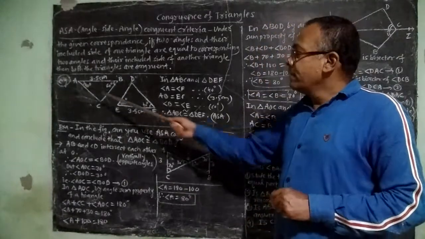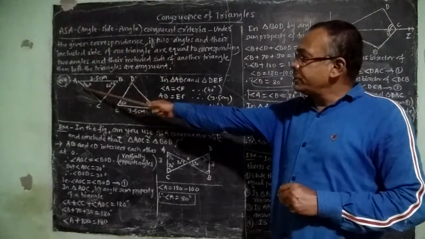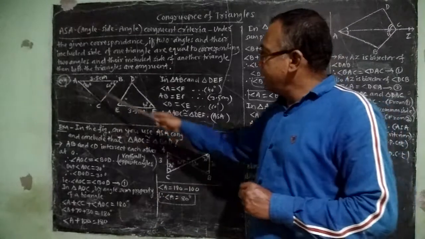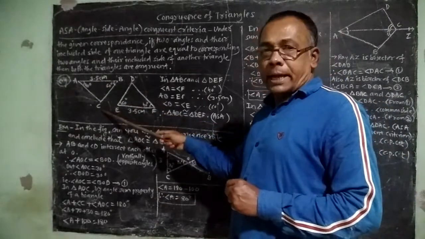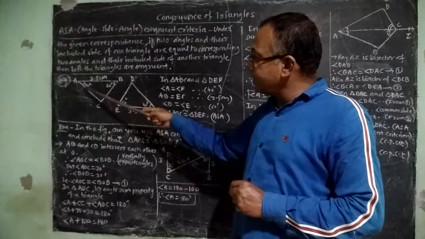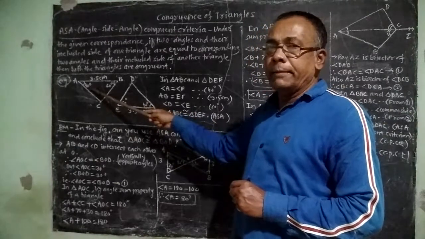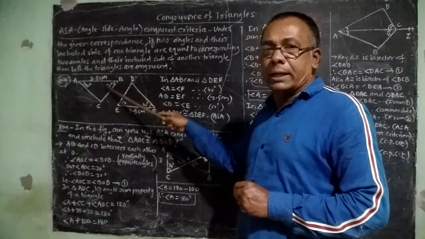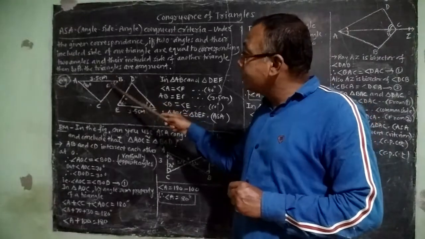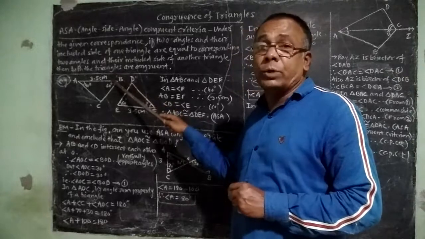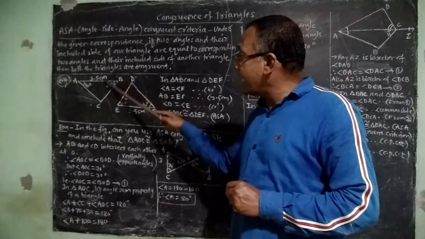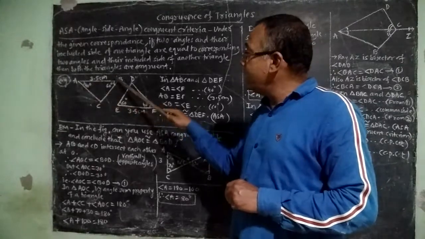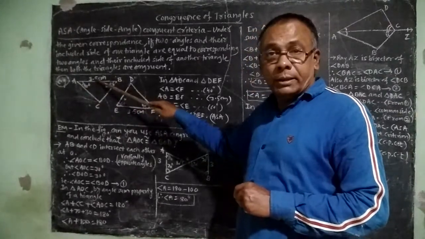So here, for example, we will see these two triangles. In triangle ABC, angle A is 40 degrees, angle B is 60 degrees. The measurements of these two angles are given, and the side included by these two angles is AB, and its length is also given.